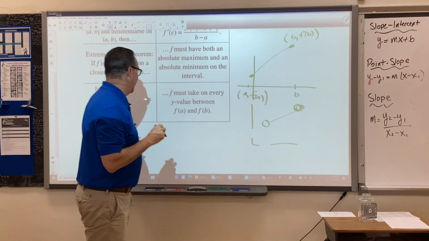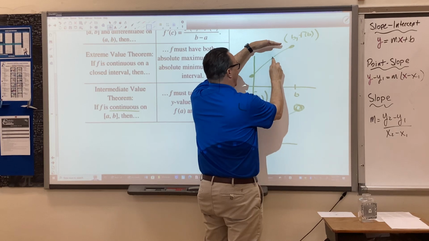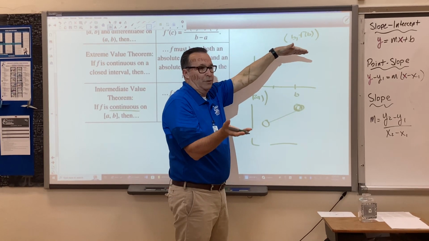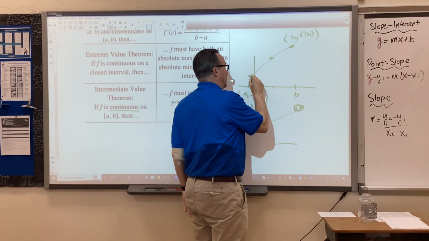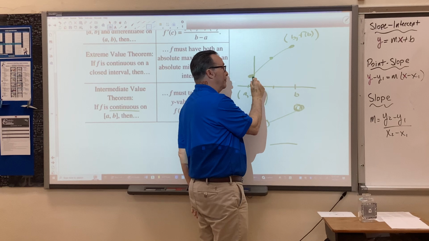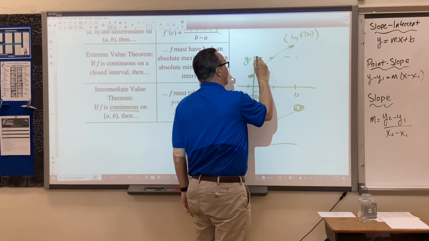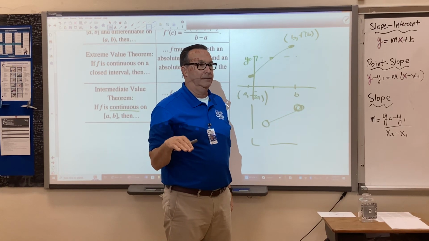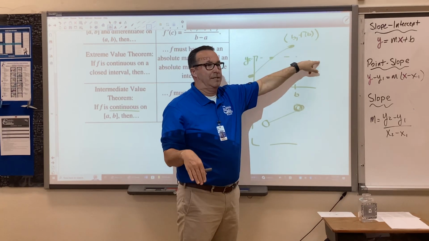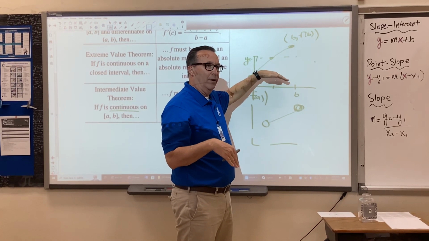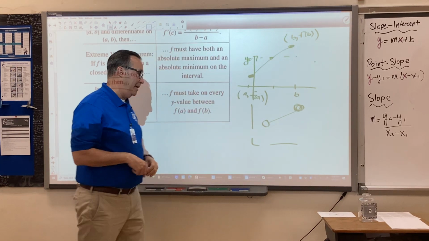The intermediate value theorem guarantees there's a spot in between A and B where the y value is anything between 2 and 12. 7. Guaranteed. As long as the function's continuous, you cannot draw a curve from here to there without crossing the horizontal line y equals 7. Because it's continuous. If you're going from here to here, you must cross y equals 7. Of course, it could be 6 or 5 or 4, whatever is between 2 and 12. That's the intermediate value theorem.